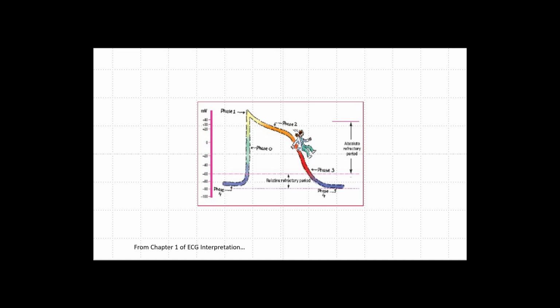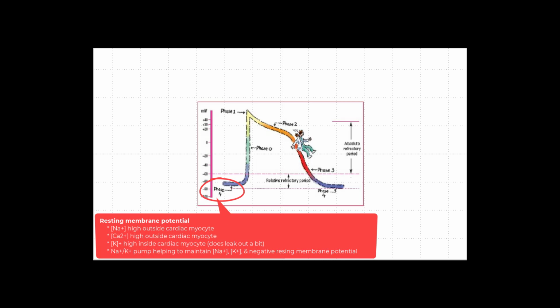So to start us off, I wanted to introduce you to phase 4. So phase 4 represents the resting membrane potential. And you should know that when a cardiac myocyte is at rest, the concentration of sodium tends to be high on the outside of the cell, and sodium channels are closed, so sodium isn't able to sneak into the cell.